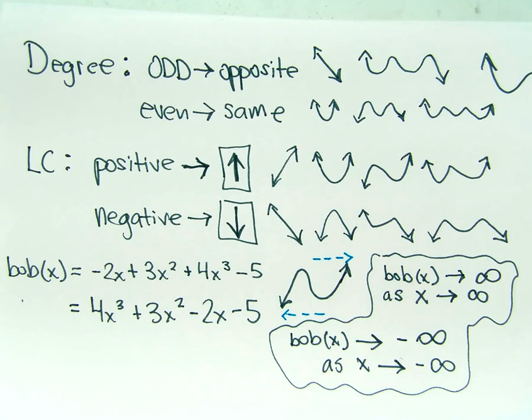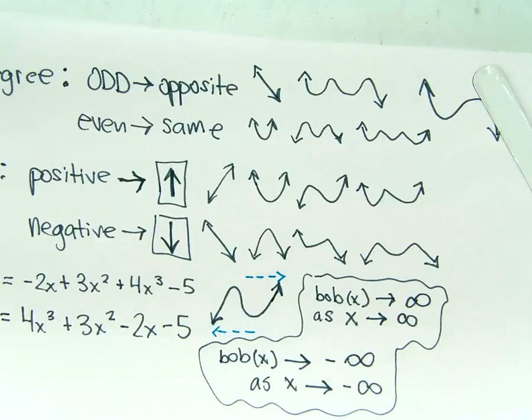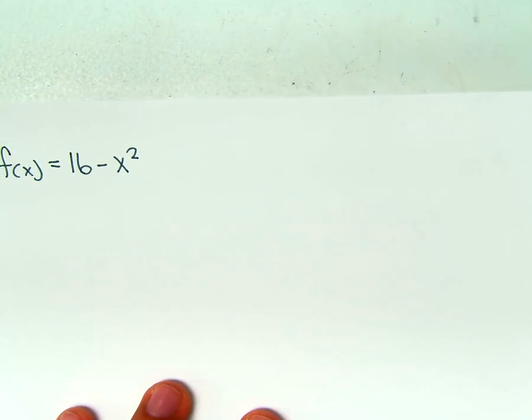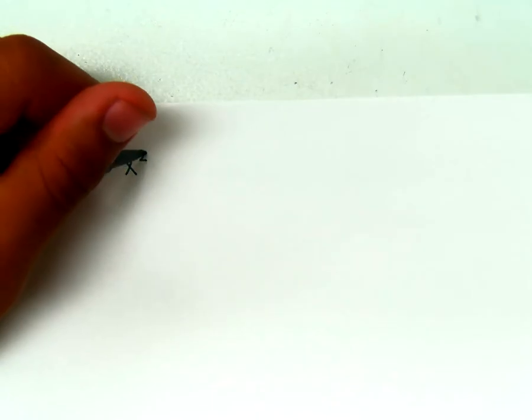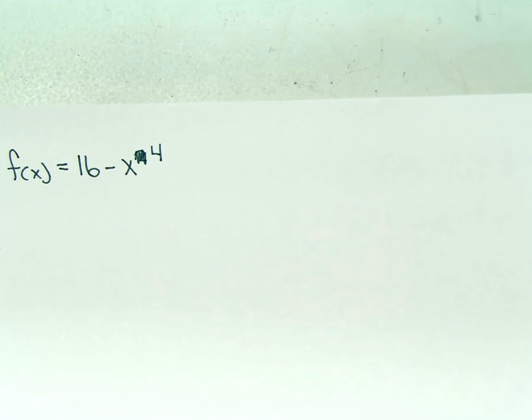When we graph polynomials, for example, we might be given the polynomial function f of x equals 16 minus x squared. Never mind, let's change this to x to the fourth. 16 minus x to the fourth.